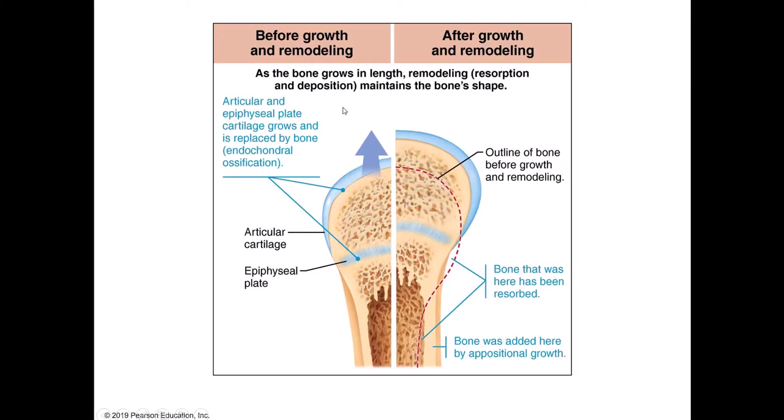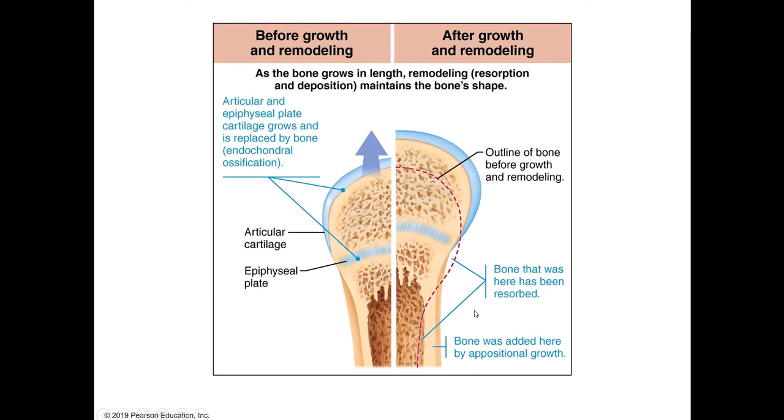So you can see here we have our epiphyseal plate. You can see here's our articular cartilage. The epiphyseal plate cartilage is essentially replaced by the bony tissue, whereas the bone over here has been remodeled and resorbed.